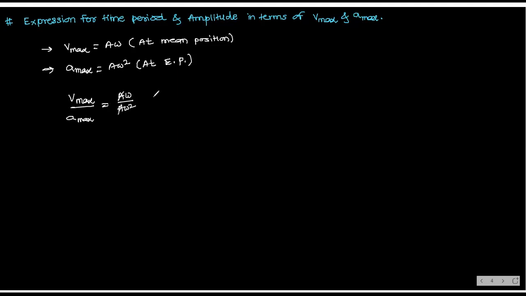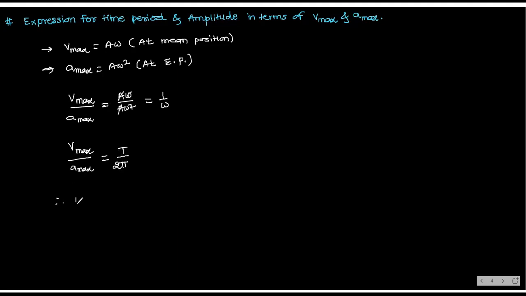This A and A will get cancelled, and this omega also will get cancelled with this. So you are getting 1 by omega. Now omega is equal to 2 pi by T. So therefore, V maximum divided by A maximum is equal to, omega is 2 pi by T. So directly I am taking reciprocal, T by 2 pi. Right? T by 2 pi.